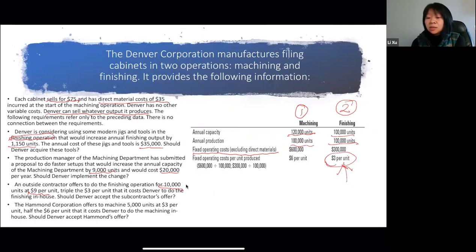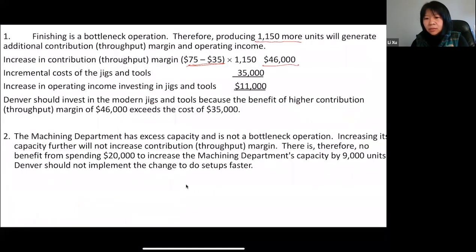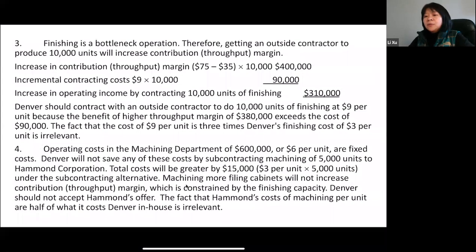Okay. Let's really think about how this is going to impact the company. Same thing, we're going to look at the contribution margin again for the whole company, not only department 2. So for each unit, if the company can produce 1 more unit, that's the contribution margin. $75 and so $40 per unit.